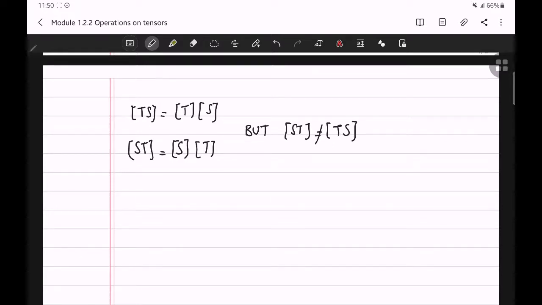You can just prove this by providing an example and rejecting everything. So overall, ST is not equal to TS.